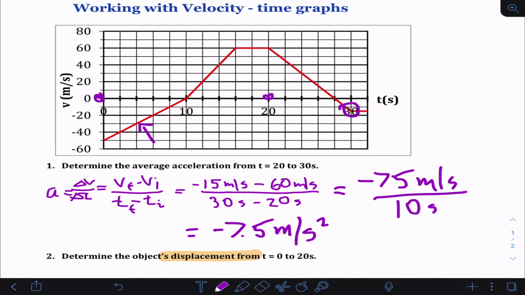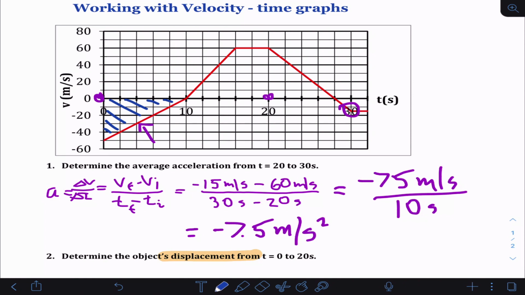Therefore, the area that you're shading, you're going to make this into a triangle. That's my first shape. So notice, the red line was below the axis. I filled up.